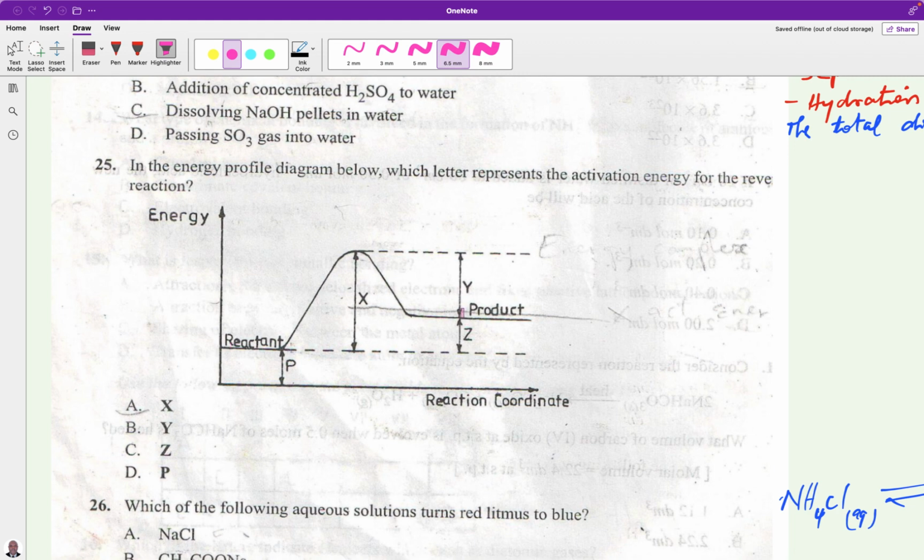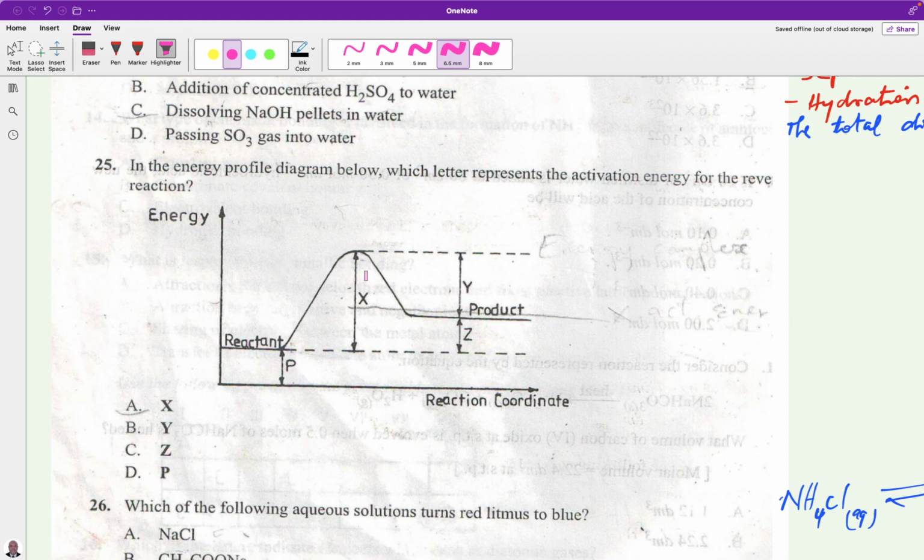Now from here to this summit will be our activation energy for the reverse reaction. But for the forward reaction, that is from left to right, our activation energy is X. For reverse, it is Y, because this is the reactant and this will be the product.